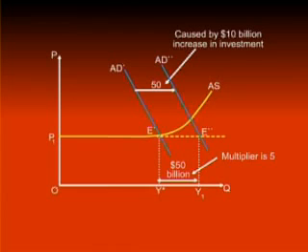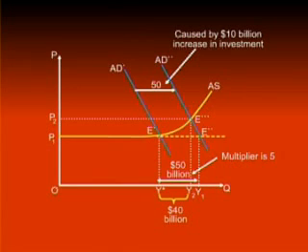The combined effect of these will reduce the effect of the multiplier on the output, which will now rise only to Y star plus 40 compared to the earlier rise of Y star plus 50 billion if the aggregate supply curve had been horizontal. So equilibrium now moves from E prime to E triple prime, not to E double prime, which is what would have obtained if the aggregate supply curve were horizontal. And the reason why a smaller increase in output is being obtained is because the price level has risen from P1 to P2 and caused those three effects, the wealth, interest rate, and international purchasing power effects.